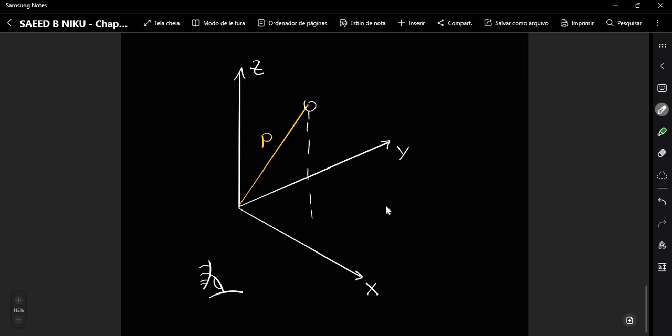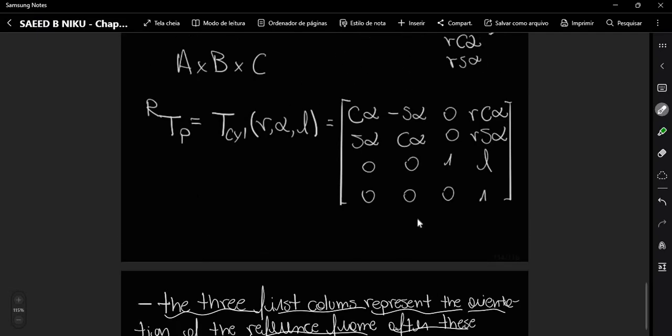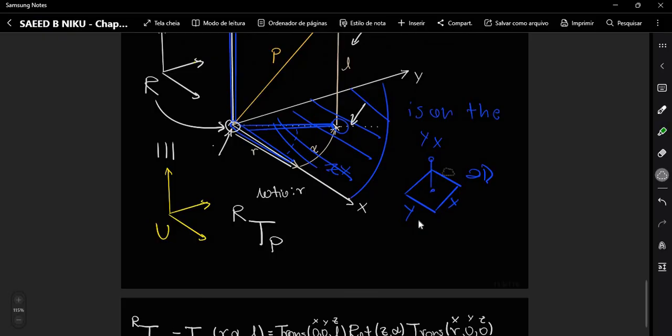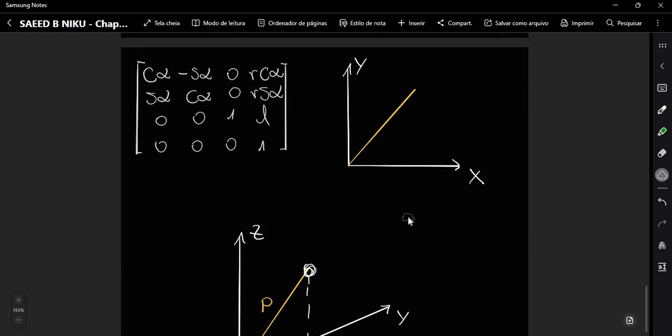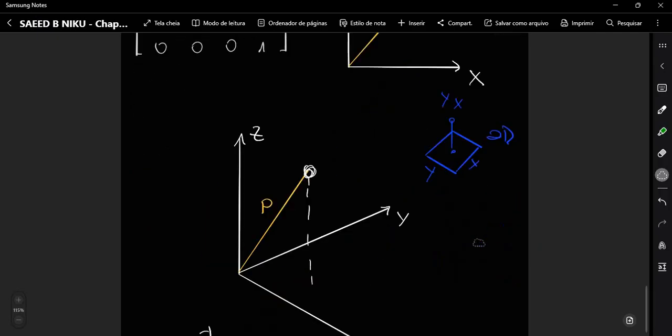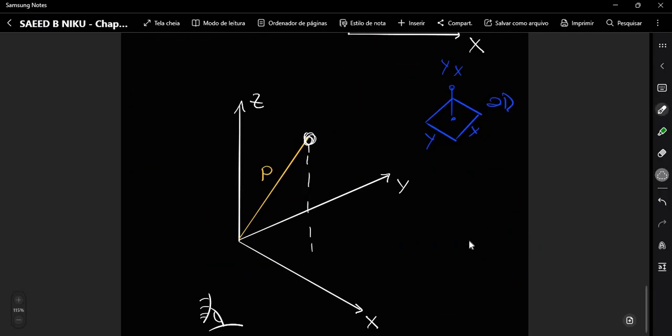It's above the xy plane, as I already drew right here. It is something very much like this. It is outside of the xy plane, but at the same time it is more on the xy plane than a combination with the z plane.